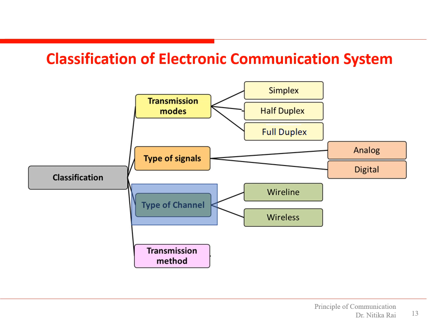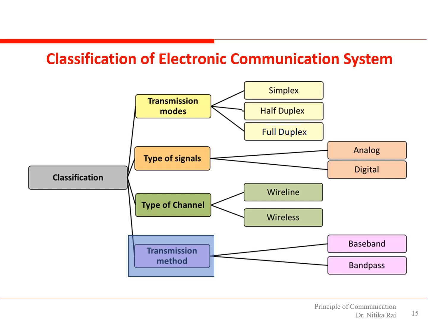Lastly, we classify communication systems based on the transmission method. It can be subclassified as baseband communication system and bandpass or broadband communication system. Now we know that typically information that needs to be transmitted can be either text or speech or image or video, etc. These are to be converted into an electrical signal using transducers.